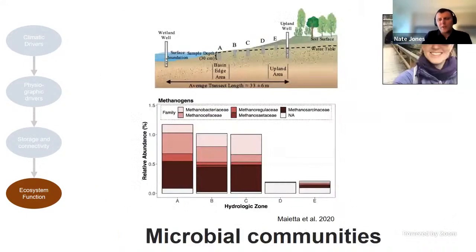So the first thing that we looked at was the microbial communities, and specifically we're focused on methane here because, again, these wetlands are hypothesized as being important sources of methane to the region, or maybe not important sources, but large contributors of methane to the region. And we see that as you move from the wetlands to the uplands, you decrease the abundance of methanogen communities, which is largely what we would expect.